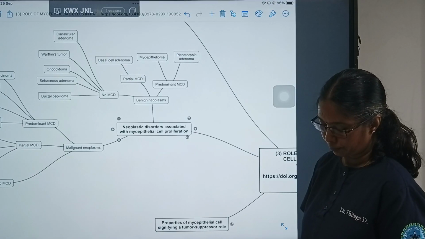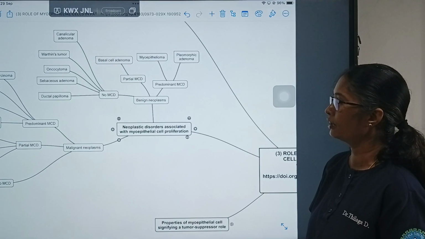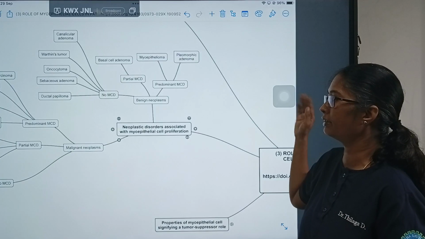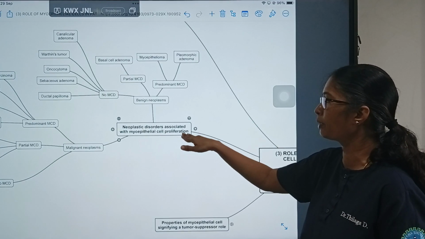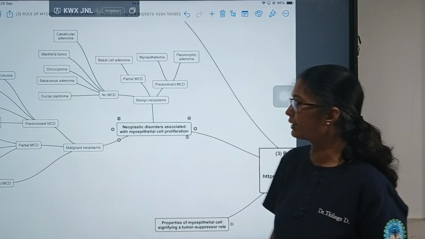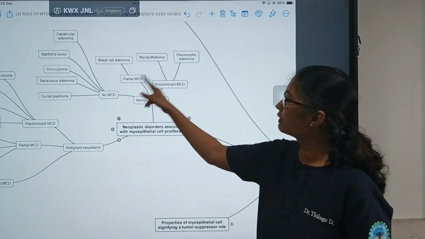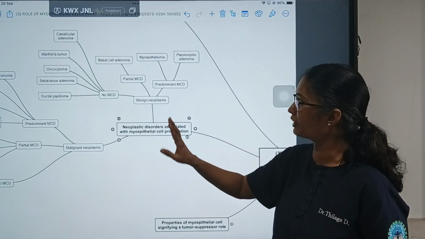Now what are the neoplastic disorders associated with myoepithelial cell proliferation? Already we have seen the classification by different types of cells, and here it is only the myoepithelial cell proliferation dependent classification, where we have both benign and malignant neoplasms, further classified from myoepithelial cell differentiation to no differentiation.